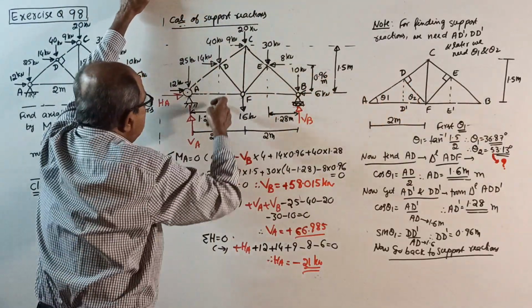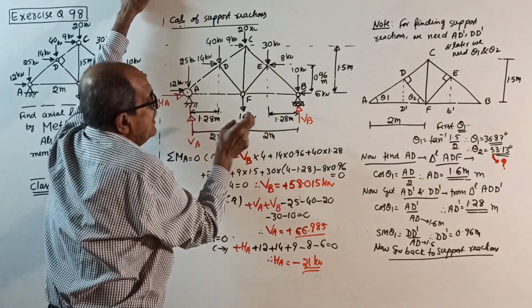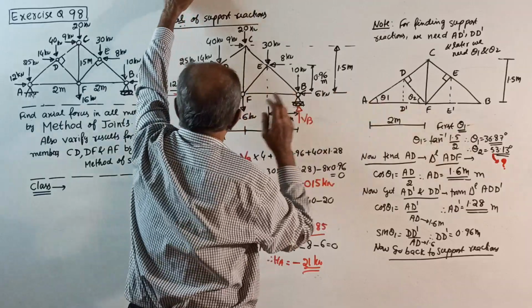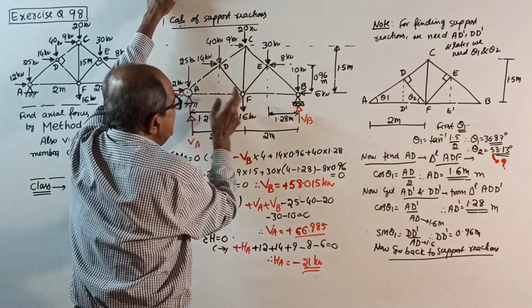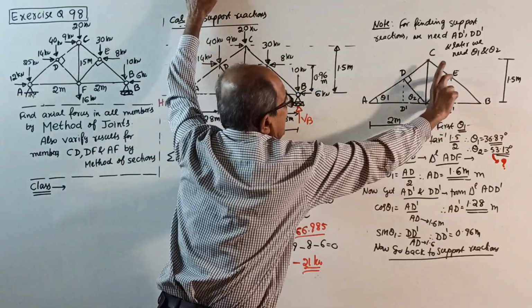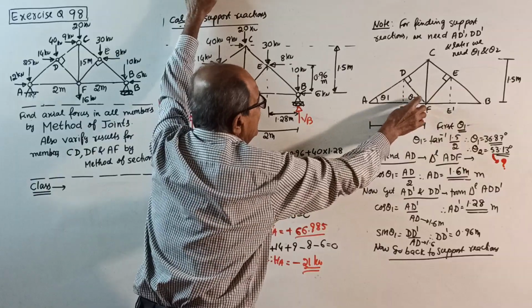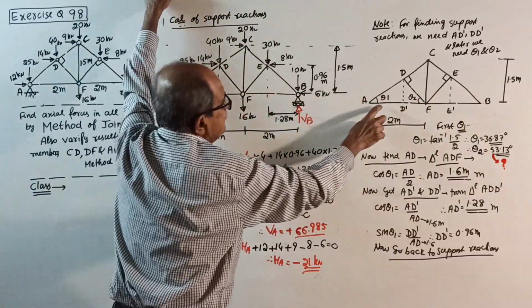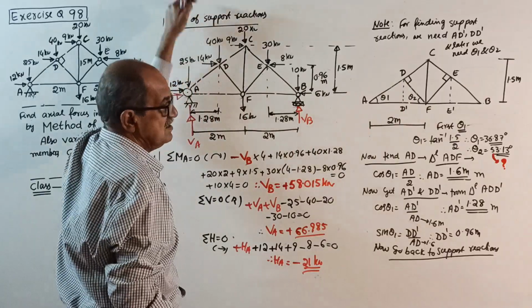Then 40 into this distance is required, that is A to D dash. Whatever you get for A to D dash is also B to E dash. And you require one more angle here: one angle theta on this side, one angle theta on that side.